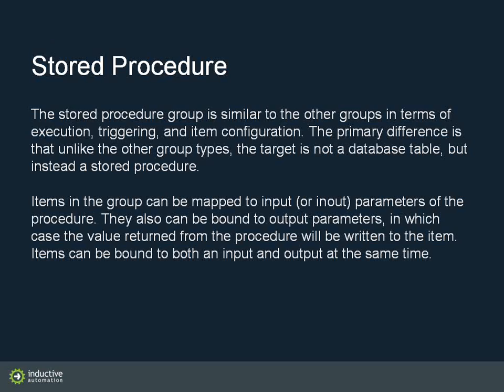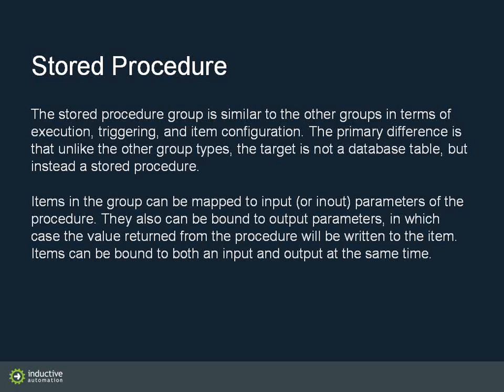The last group we have is the stored procedure group. The stored procedure group is similar to the other groups in terms of execution, triggering and item configuration. However, the primary difference is that unlike the other group types, the target is not a database table, but instead a stored procedure. So we can interface with the stored procedures of our database. Items in the group can be mapped to input or output parameters of the procedure.